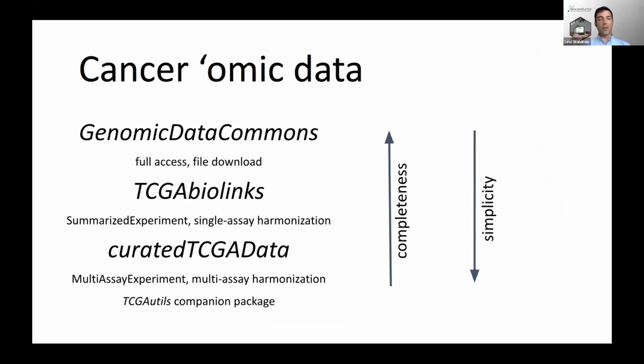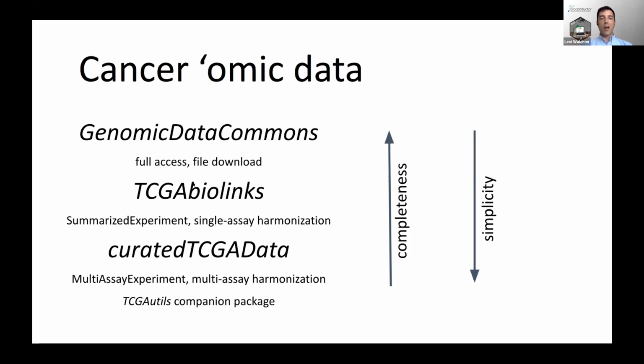And also it even offers multiple different data processed through different pipelines. So if you need access to every kind of data or to a type of data that isn't available through one of these simpler, less flexible packages, then you'll need to use the Genomic Data Commons. However, if you don't need the full power of the Genomic Data Commons, you may be able to save a fair bit of time and effort by using one of these simpler packages.